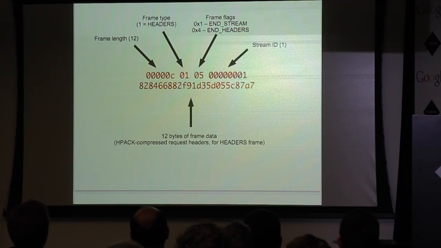And finally, you have the stream ID. Basically every HTTP request gets a unique number. They always start at 1 and count up by 2. They're always odd from the client and even from the server, because HTTP2 lets the server push responses that you never asked for. So the browser could say, I want /, and the server is like, oh, okay, I'll send you /, and I'm also going to send you favicon.ico and my JavaScript and CSS.